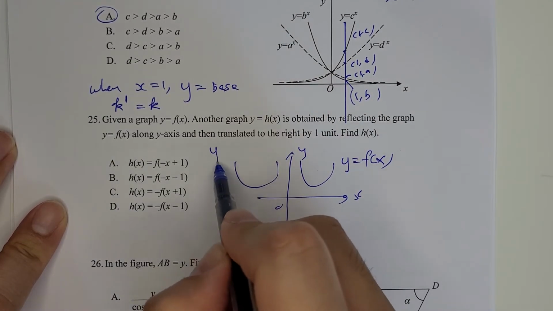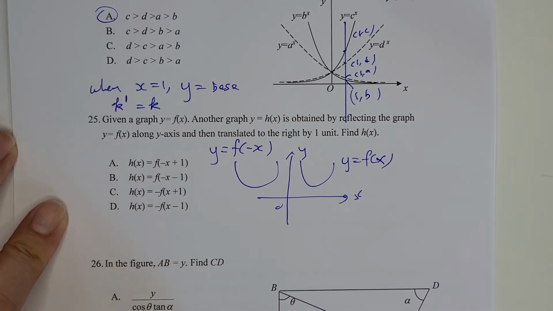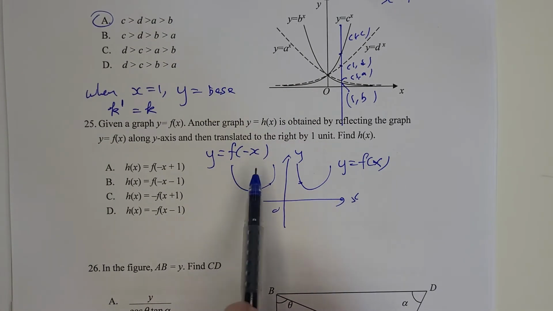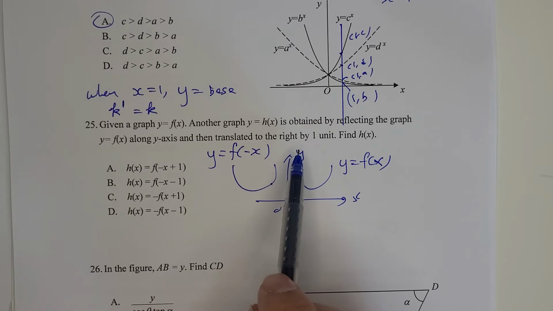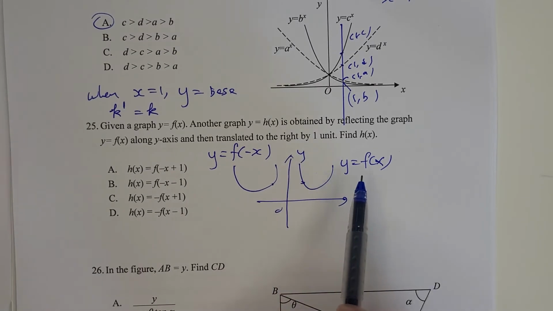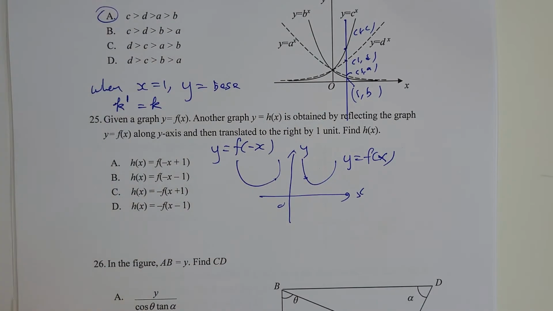Okay, this graph will become f bracket negative x, because the positive x will become negative. Okay, and the y coordinate will not change, and then translate to the right by 1 unit. Okay, that means we transform this one 1 unit to the right.